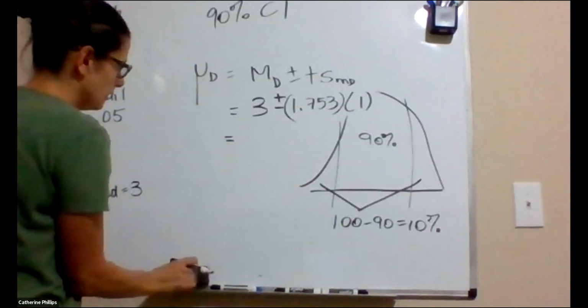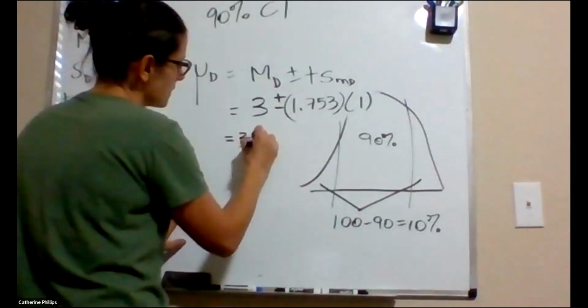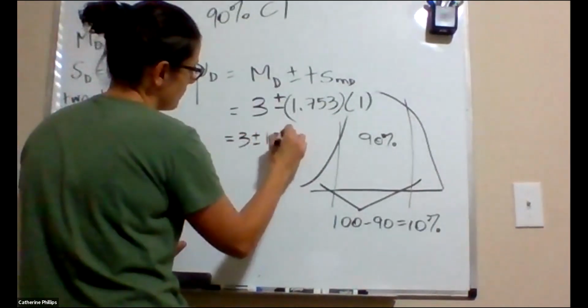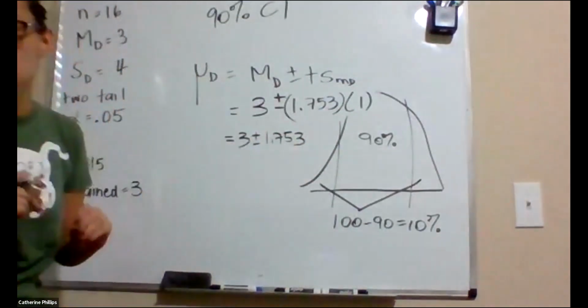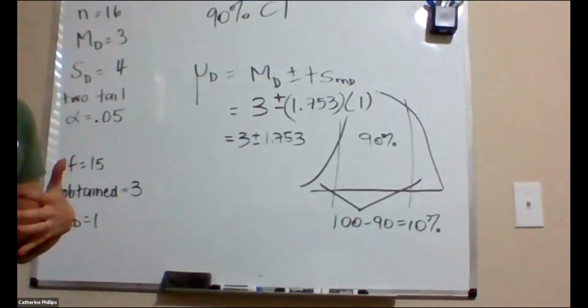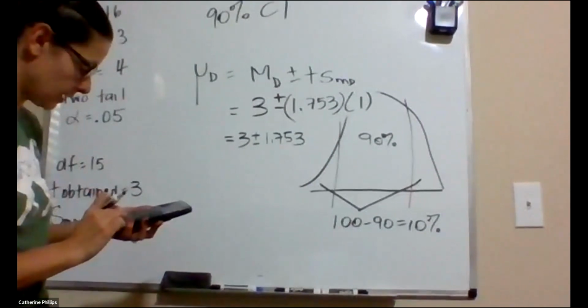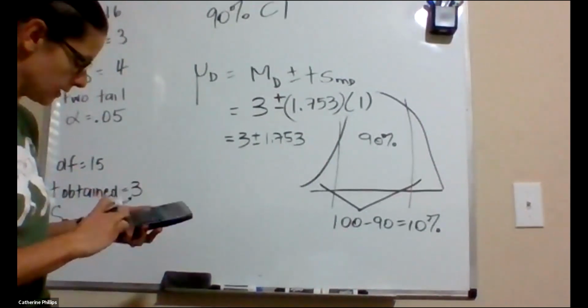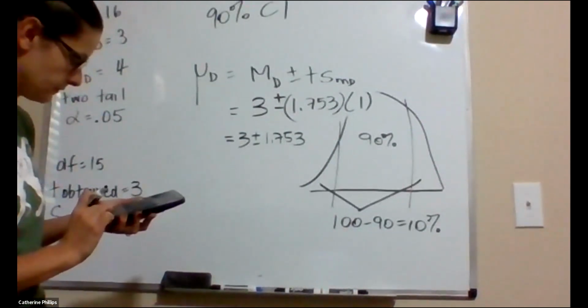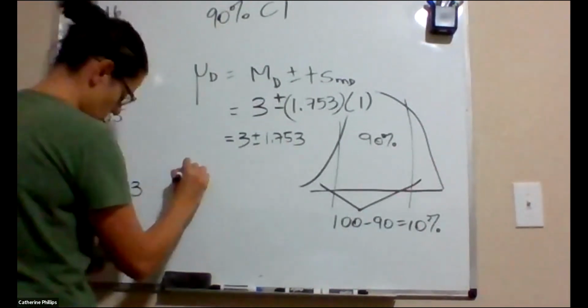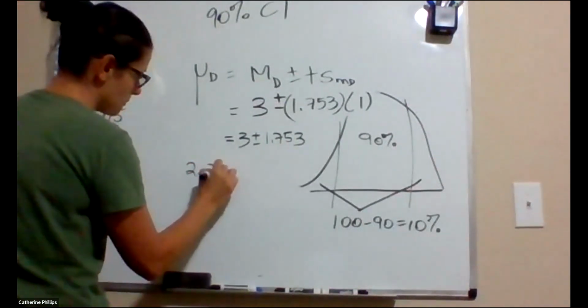So we have 3 plus or minus 1.753. Not quite done yet. So if we have 3 subtract 1.753, we have 1.247.